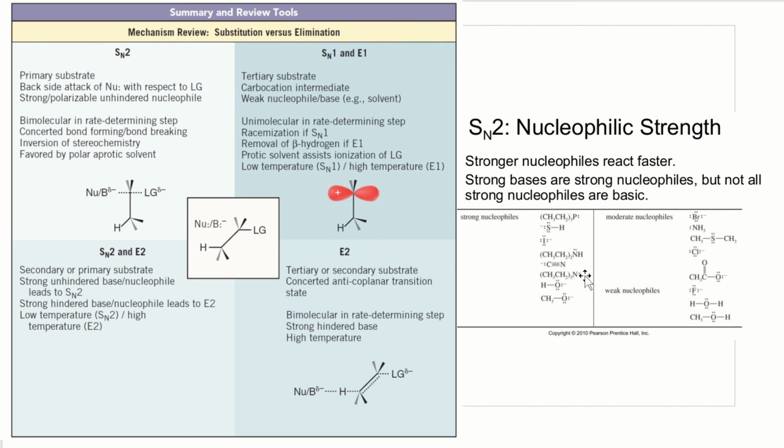So for example, we have our hydroxide or methoxide or nitrile or iodide as being strong, and then we have moderates, our bromine, chlorine, etc., or ammonia, etc. For the weak ones, we have fluoride, we have water, and we have methanol, for example. So there are levels of strength to the nucleophiles.